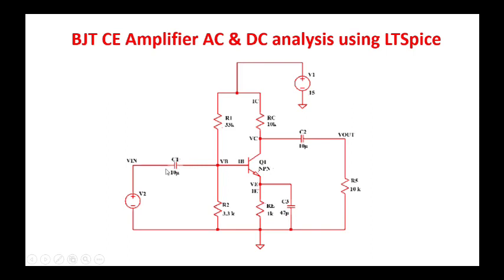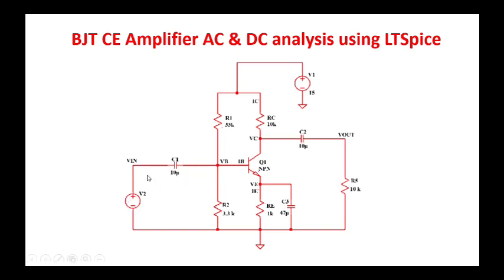C1 is the input coupling capacitor, C2 is the output coupling capacitor, and C3 is the bypass capacitor, CE. R5 is the load resistor, and we require two voltage sources, V1 and V2. V1 is the DC source and V2 is for AC supply.